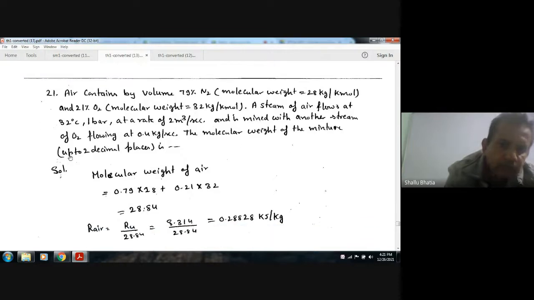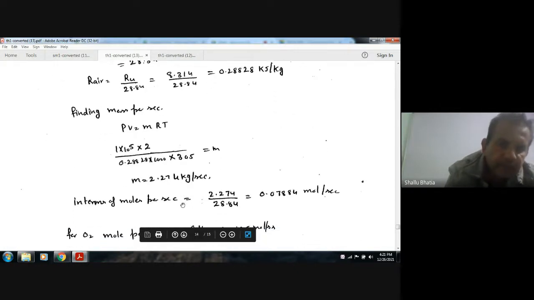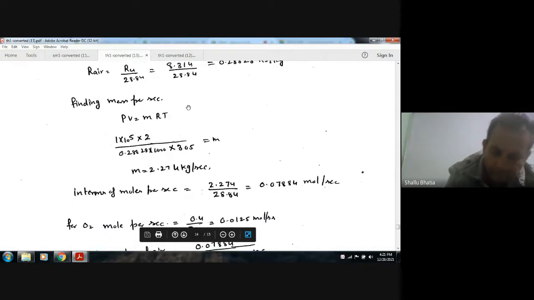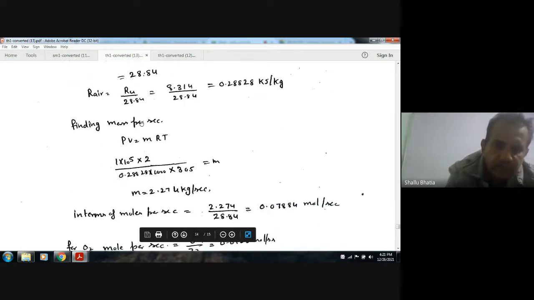R we know, so we can find out the mass by using PV equals mRT. So this is the mass of the air. Now we have calculated the molecular weight, so this is in mole per second.